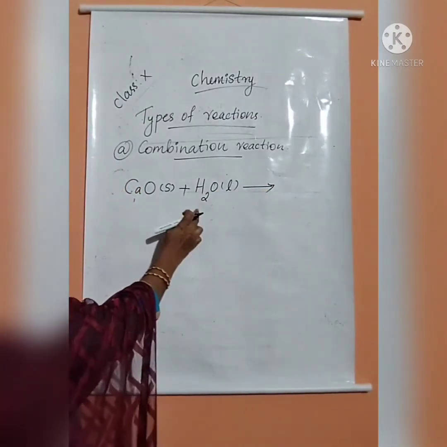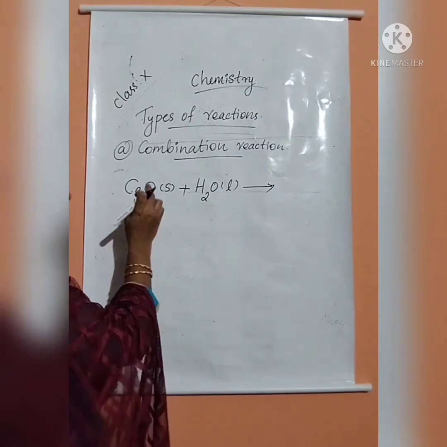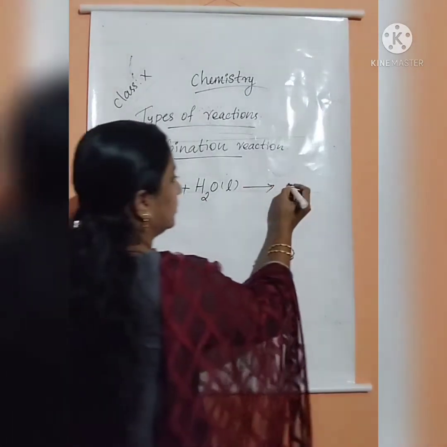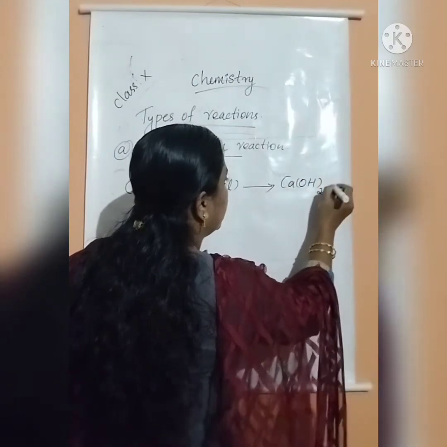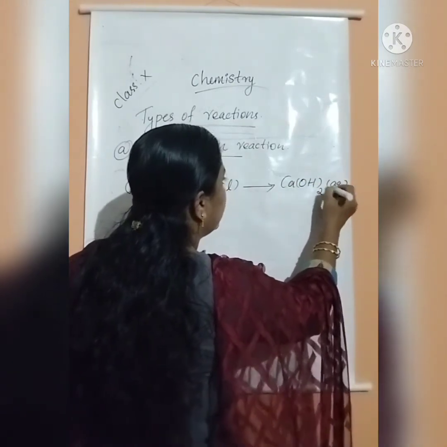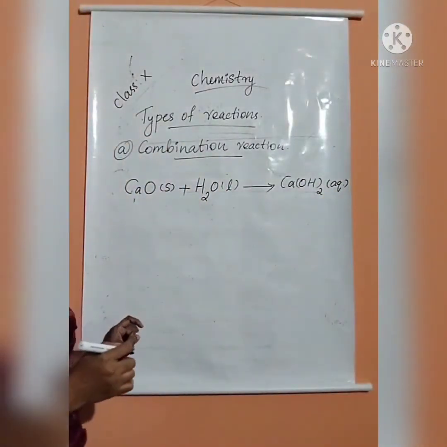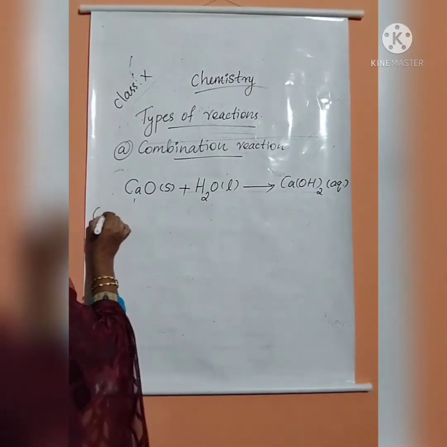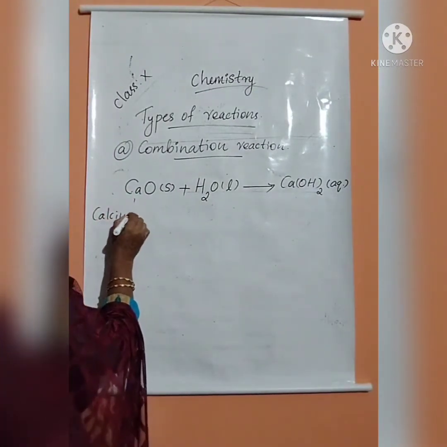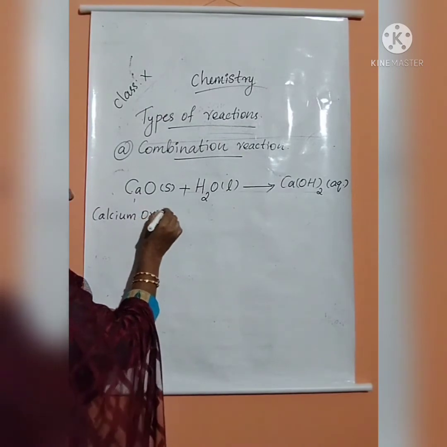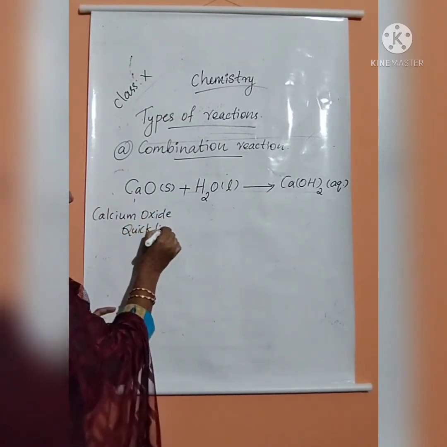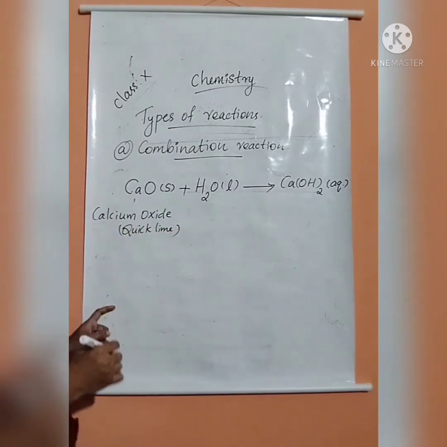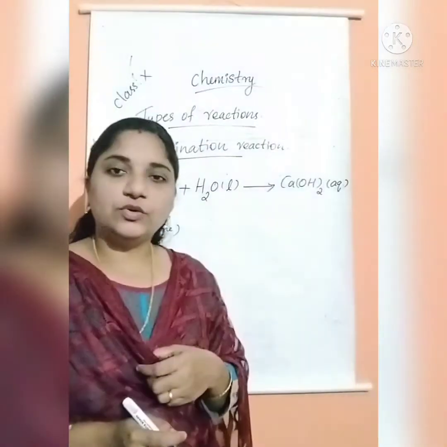Calcium oxide vigorously reacts with water. Calcium hydroxide is formed. Calcium oxide's other name is quicklime. Calcium oxide means quicklime.